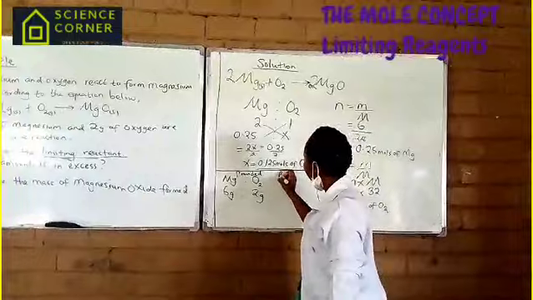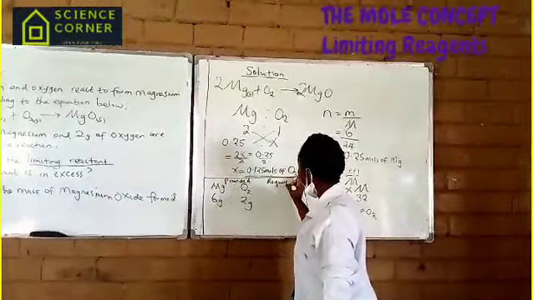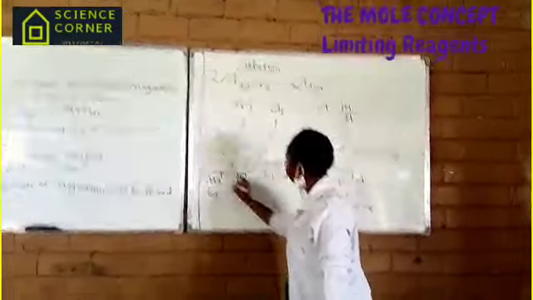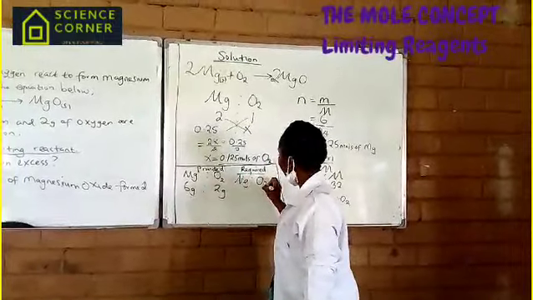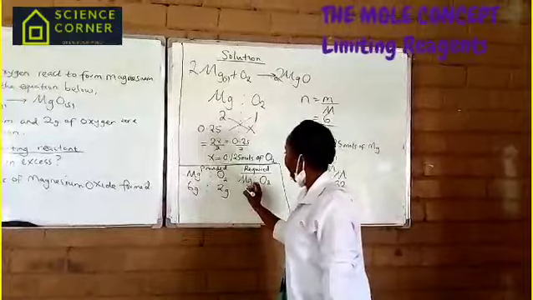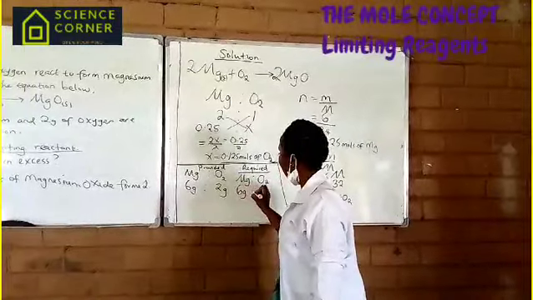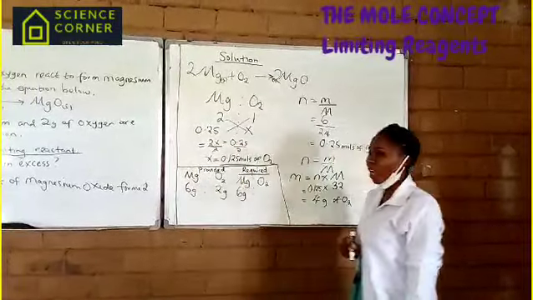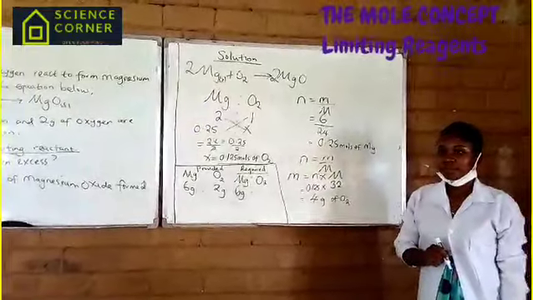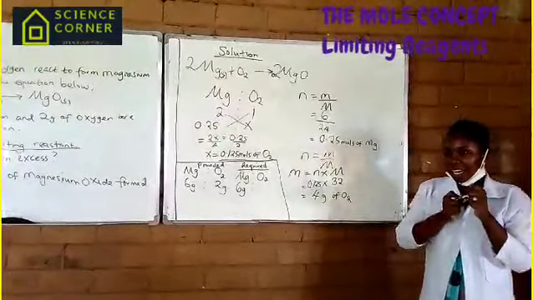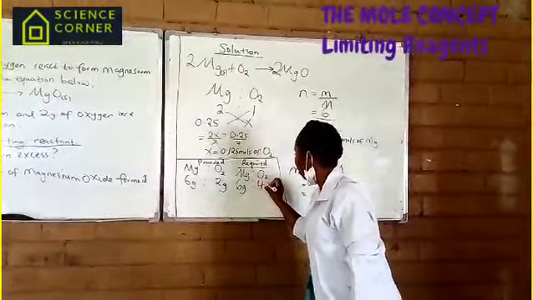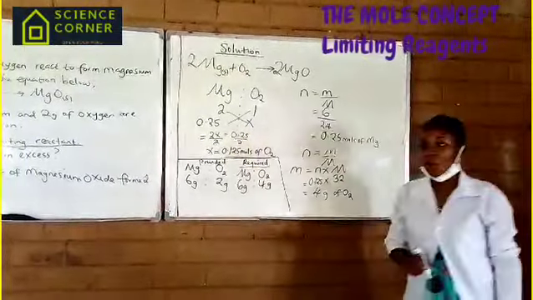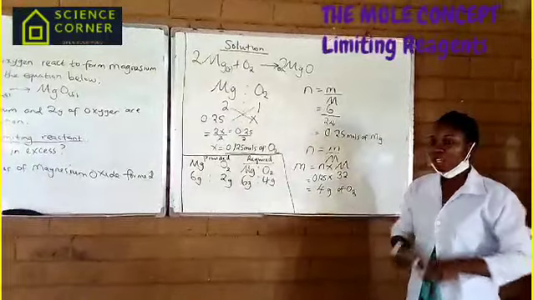But what exactly is required for this reaction to go to completion? 6 grams of magnesium was supposed to react with how many grams of oxygen? According to the calculated, 4 grams, isn't it? Okay, so 4 grams is what is required for this reaction to proceed.